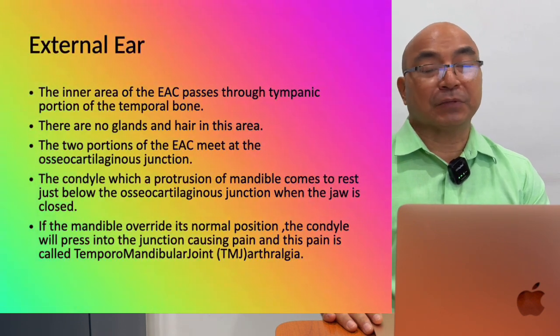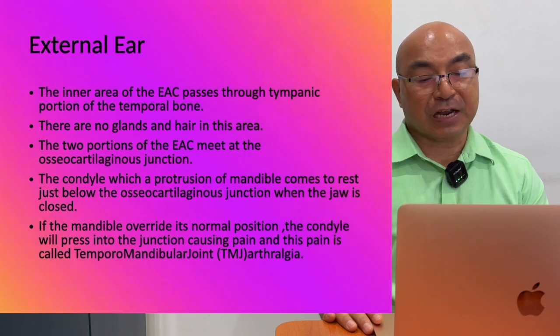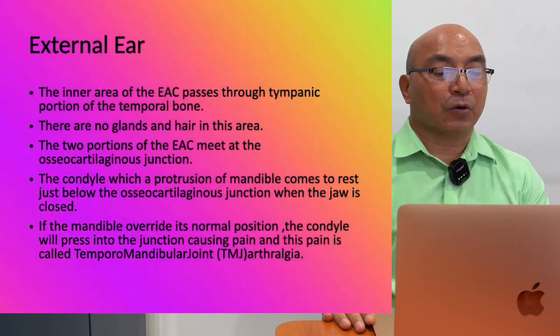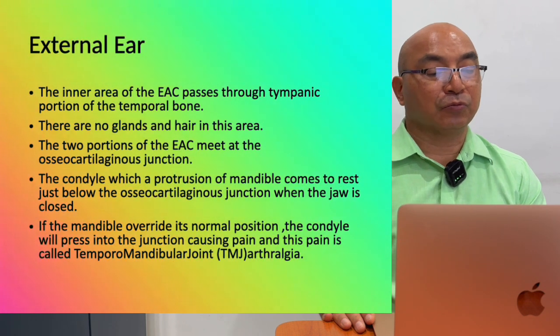The two portions of the external auditory canal meet at the osseo-cartilaginous junction. The condyle, which is a protrusion of the mandible, comes to rest just below the osseo-cartilaginous junction when the jaw is closed.